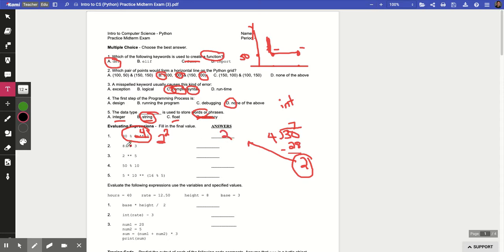Next exercise, 2 forward slashes. In Python, that means division, but a special kind of division called integer division. We've studied this, we had worksheets. It means take 8 divided by 3. You're not allowed to use a calculator on my midterm exam. But if you were to use a calculator and type 8 divided by 3, it would give you an ugly decimal number, also known as a float.